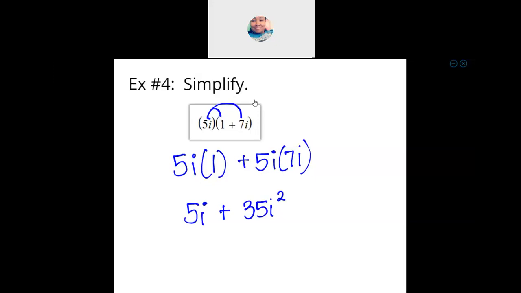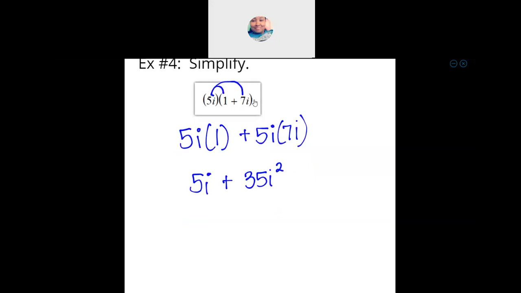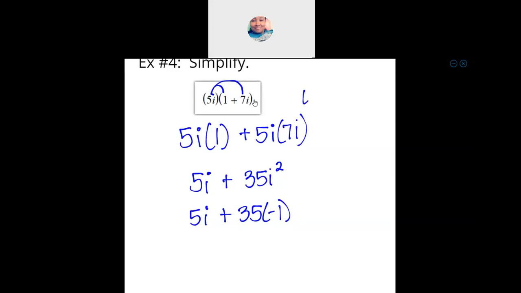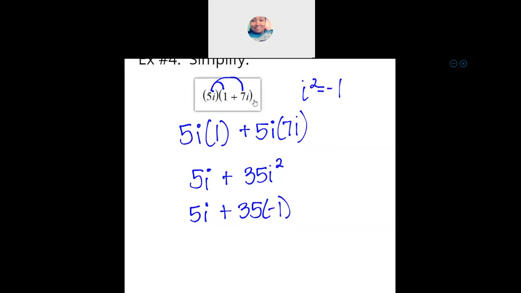Of course we can't keep it like this because we have i squared, so I have to replace i squared with what it's equal to. So it becomes 5i plus 35 times negative 1. Once again, i squared equals negative 1. Now 35 times negative 1 is negative 35, so I now would have 5i minus 35.